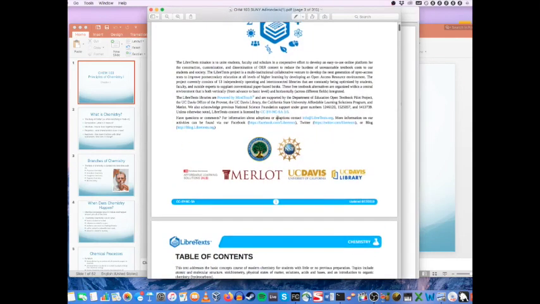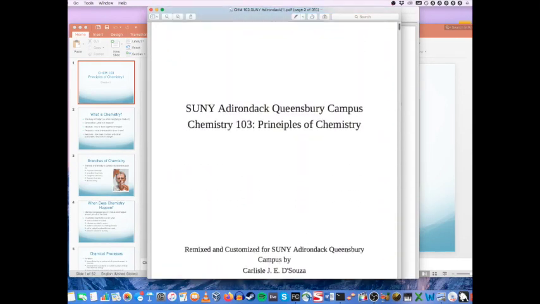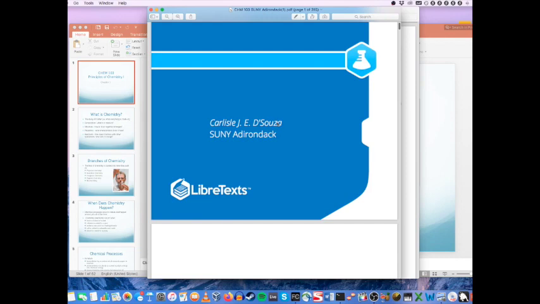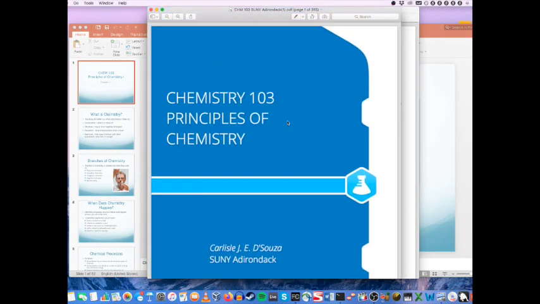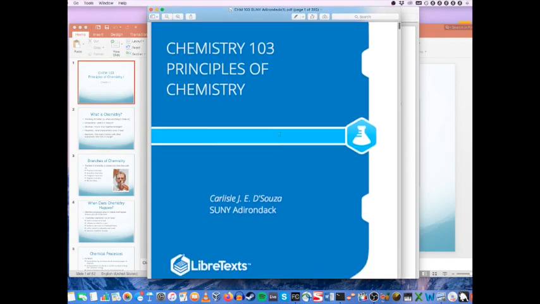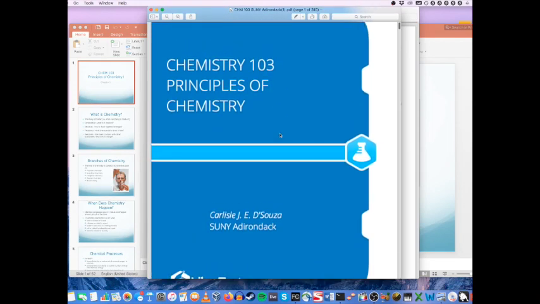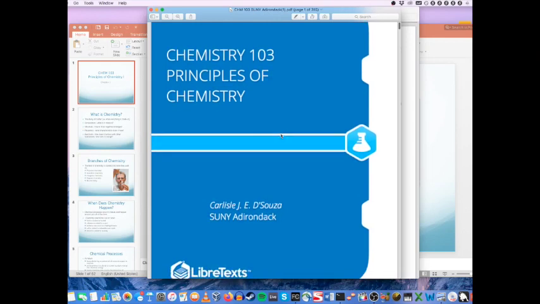It's shown here. It has been compiled by SUNY Adirondacks Charlie D'Souza, who is a faculty in the chemistry department. This is a very nice, useful textbook full of good information and also full of not costing $200 or $300.